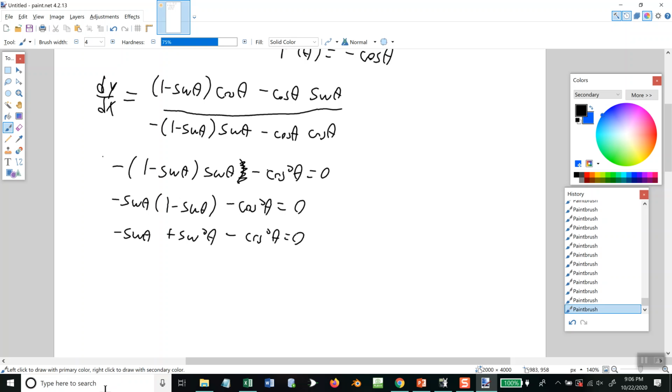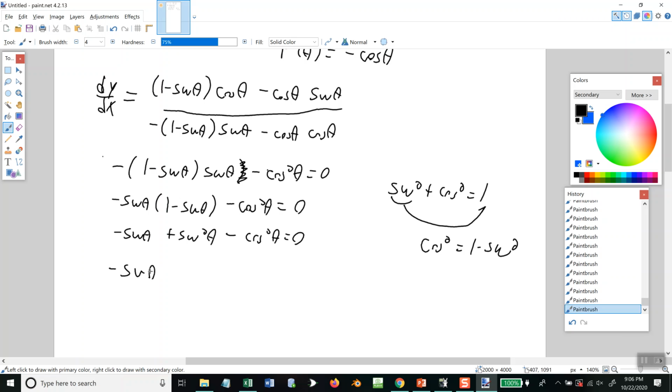One of the tricks of solving a trig equation is to get everything with the same trig expression. And cosine squared, sine squared plus cosine squared is equal to 1. If I take the sine squared over there, cosine squared is equal to 1 minus sine squared.